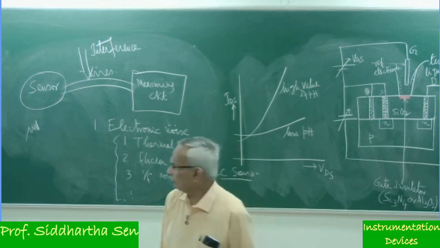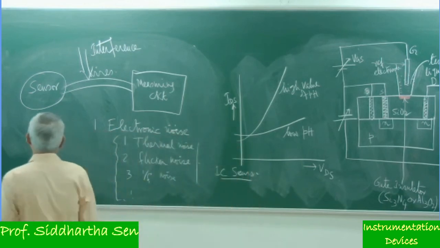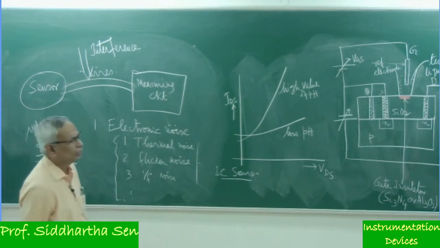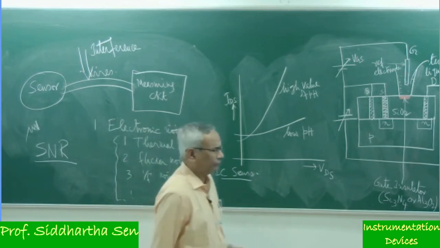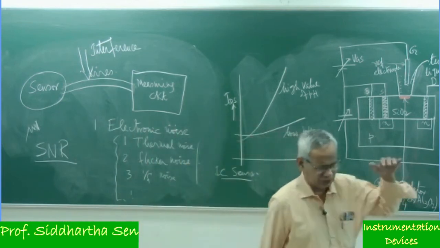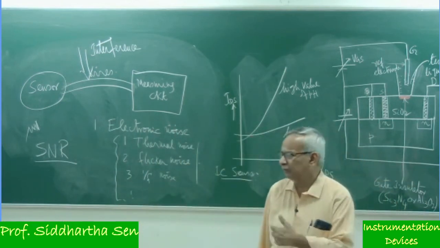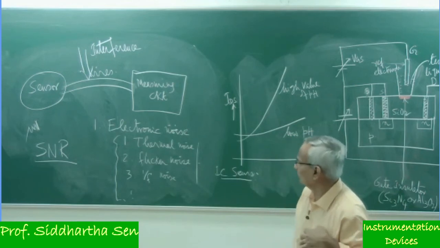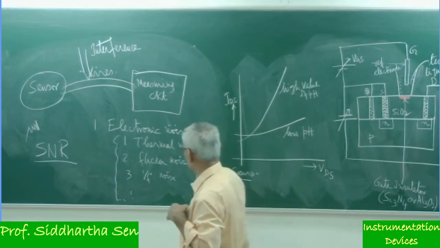So often we come across the term SNR, the signal to noise ratio. That means how good it is: it should amplify the signal and reject the noise or any other frequency or random noise. It is very important how good it is.